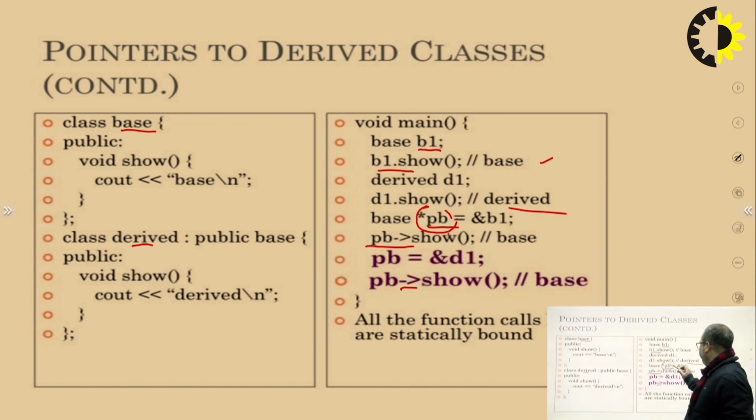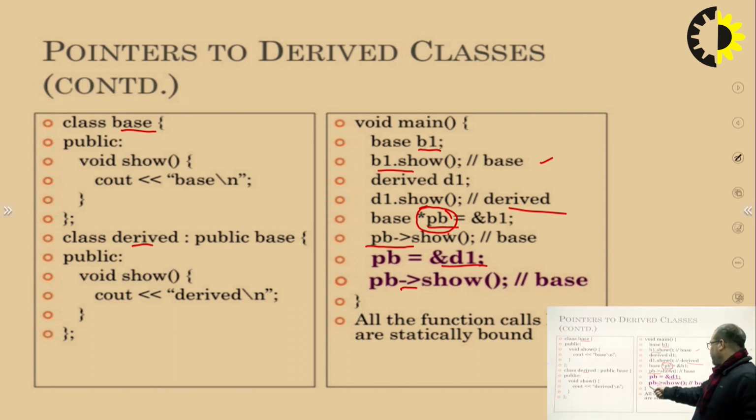This means this PB could store the address of a base object, that is okay, but this base class pointer could store even the address of a derived class object, like here: PB equal to address of d1. So this pointer to the base class is capable of storing the address of a base class object as well as a derived class object.